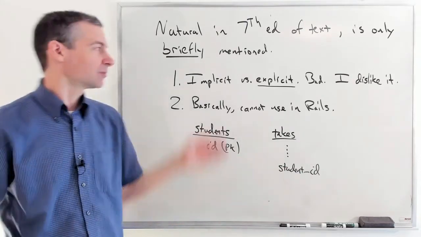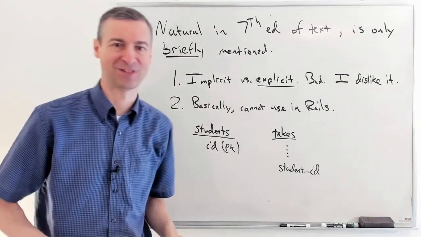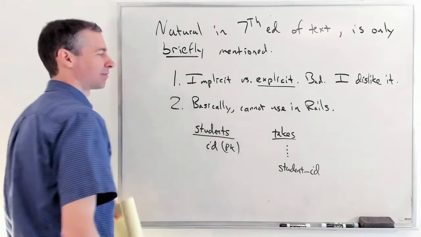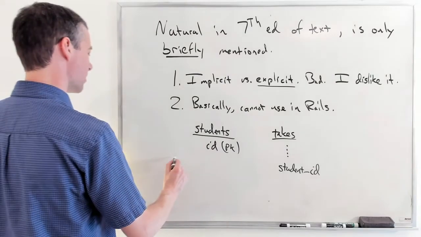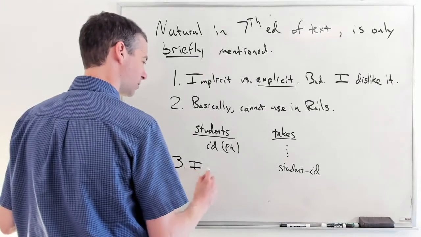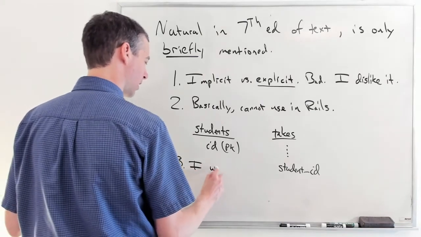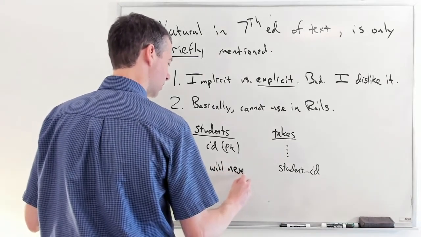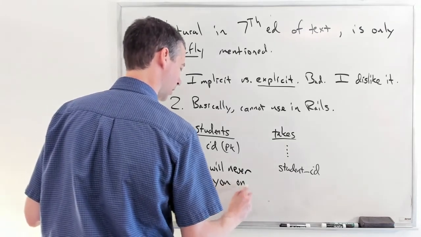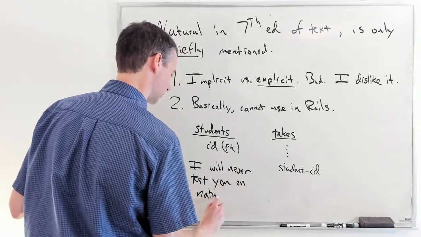So what's the point of natural join? Let me put its nail in the coffin. All right, this is what students really want to know: I will never test you on natural join.